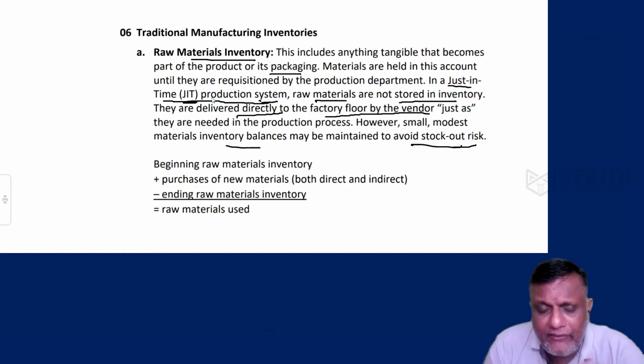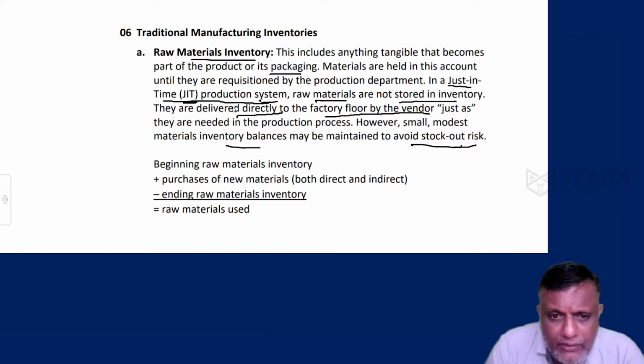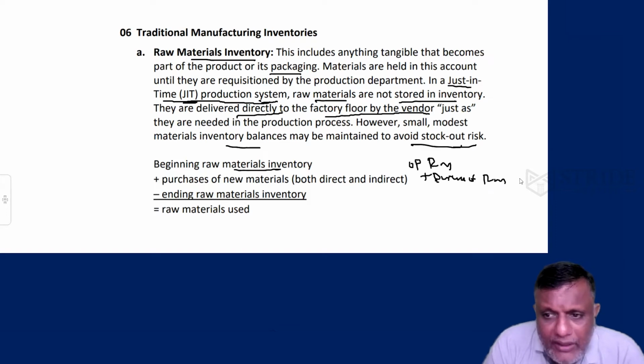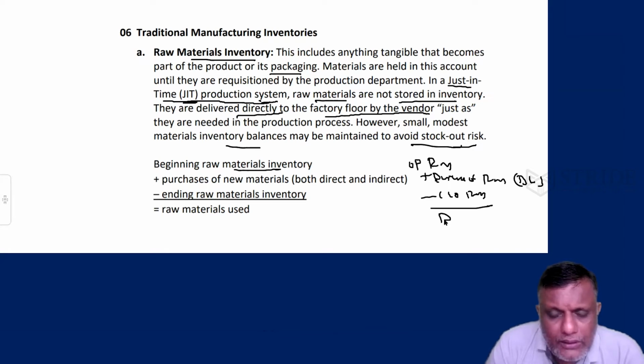Apart from JIT, if not JIT, stock inventory is required. So what is the direct material consumed? Opening raw material plus purchase of raw material, minus closing raw material, is equal to direct material consumed.